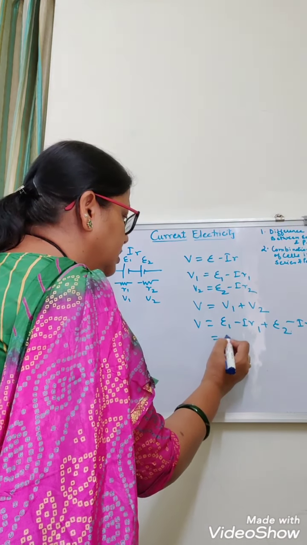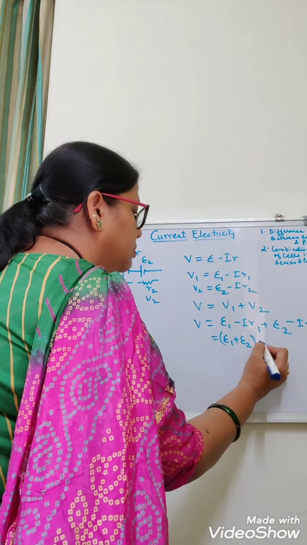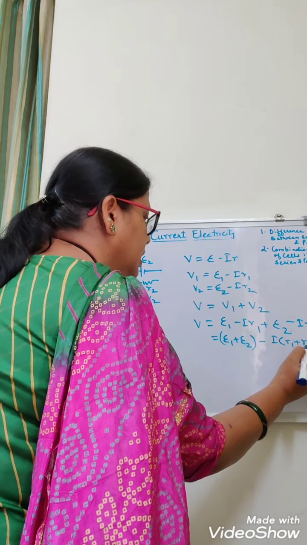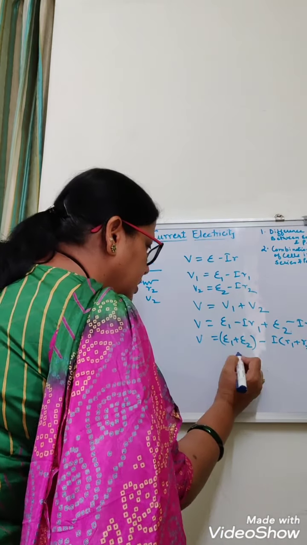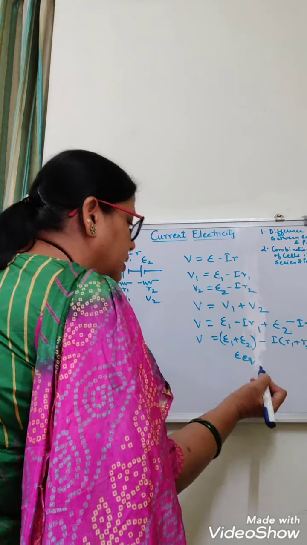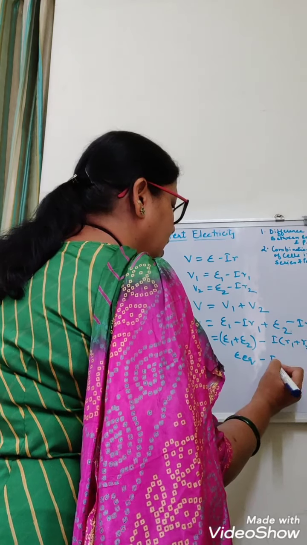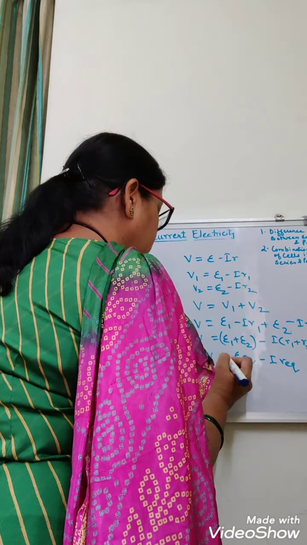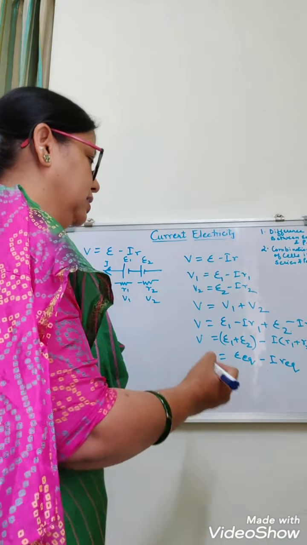Then I can write E1 plus E2 minus I into r1 plus r2. Now this is the equivalent EMF minus I, and this will be the r equivalent. So V is equal to E equivalent minus I into r equivalent.